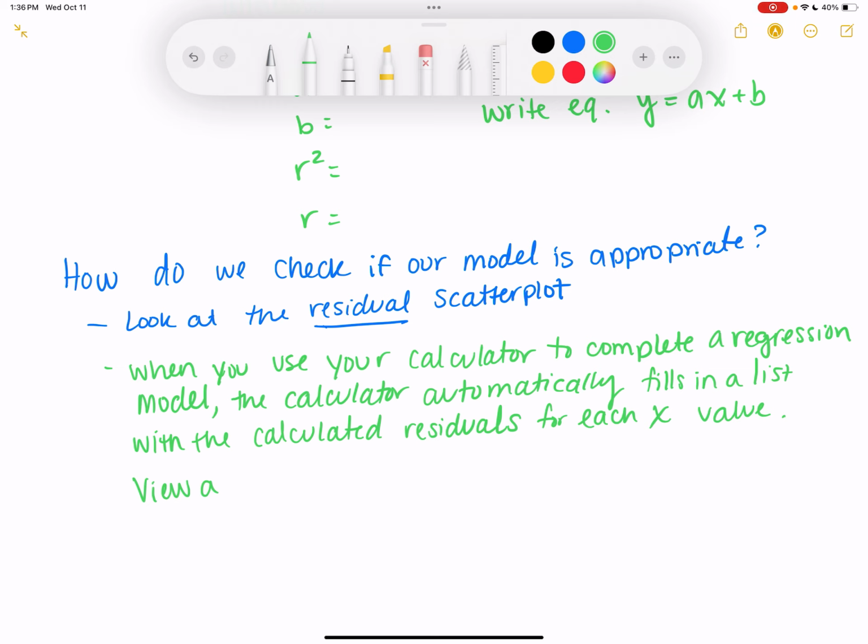View a scatter plot by graphing x and the residual, or y and the residual.